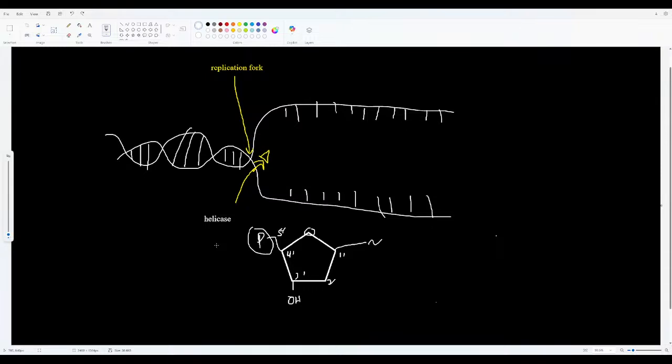So we're always going from 5' to 3'. That's always the case. Whether it's for RNA or for DNA, it's always from 5' to 3'. So that's just how it looks in general. I don't think you really have to know what the actual molecule looks like, but it is important, in my opinion, for that distinction.